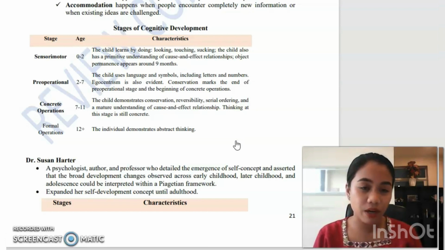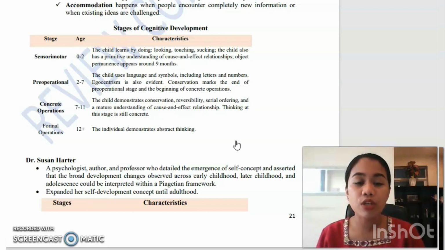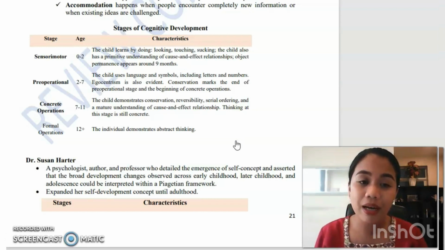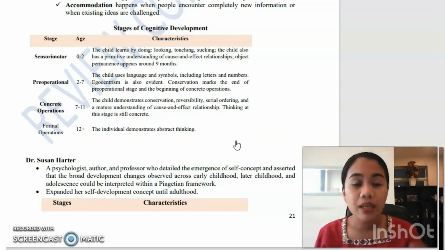They already know how to arrange and keep toys. He or she has a mature understanding of cause and effect relationship, much more than just no and yayay. The child can comprehend that you should not play with outlets or electrical plugs and wires, because you will get electrocuted.